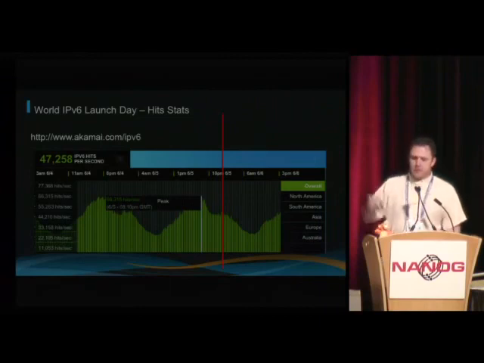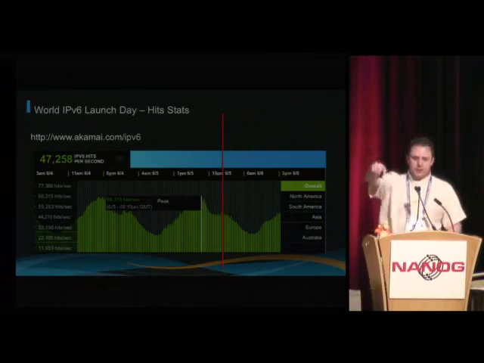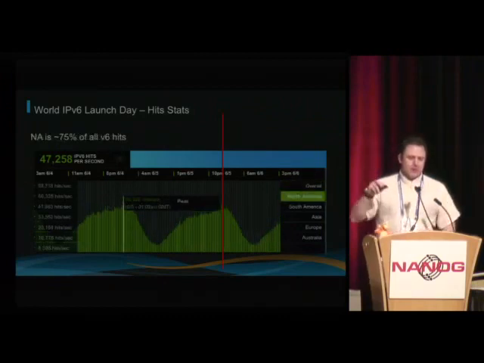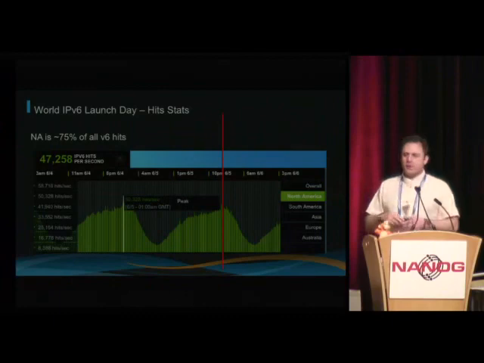The only interesting thing about the hits is this is the overall hits, and you can go to akamai.com/IPv6 and click on these things yourself. This is overall, and then North America. North America is about 75% of the hits. Remember, Akamai is a service provider. We do whatever people tell us to do.